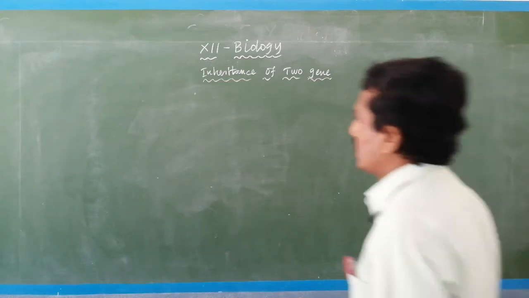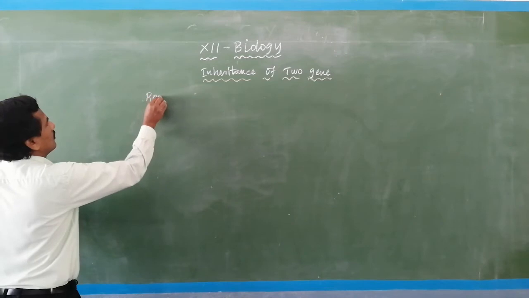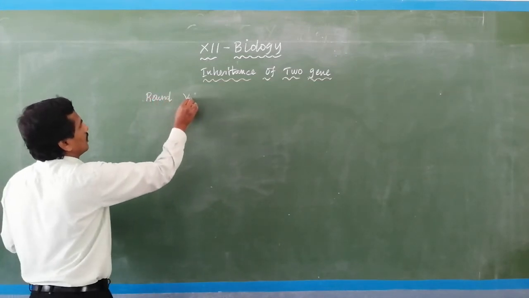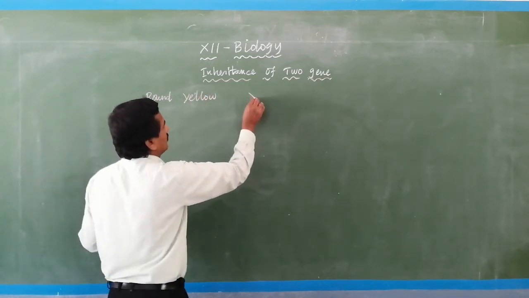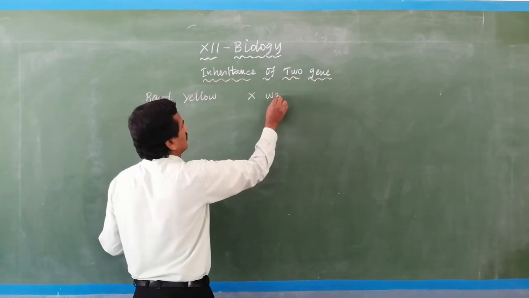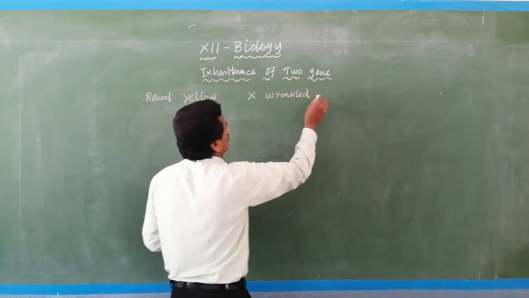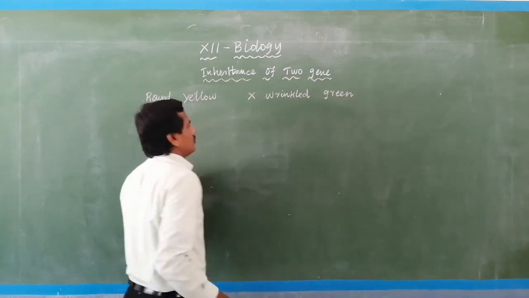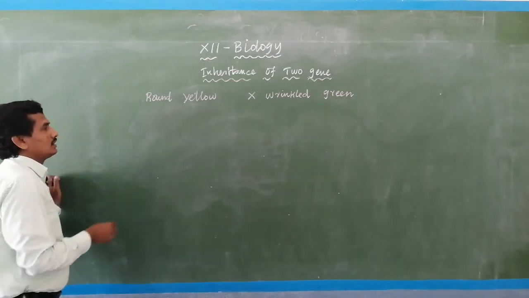Round seeded with yellow cotyledon is crossed with wrinkled seeded with green cotyledon.